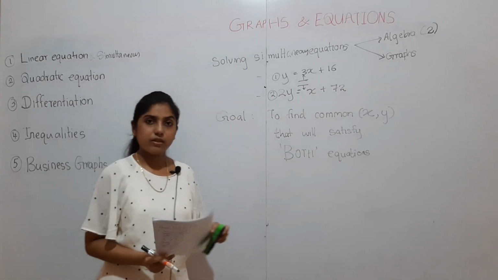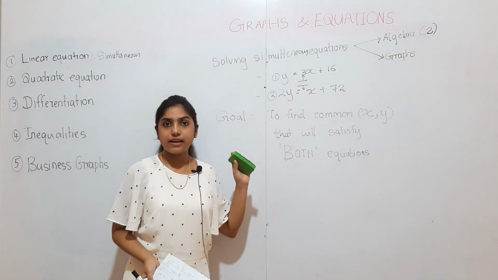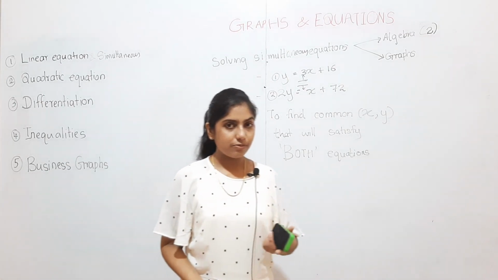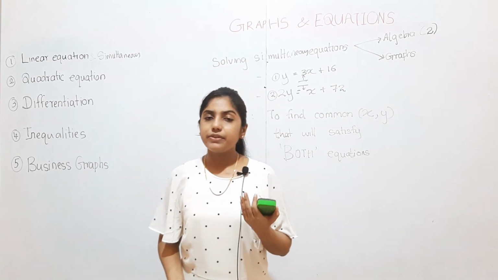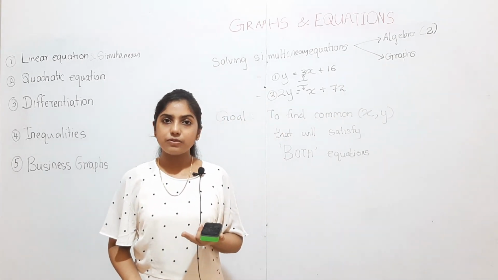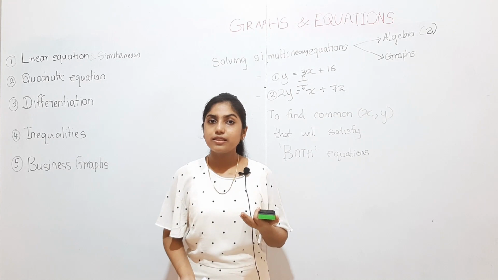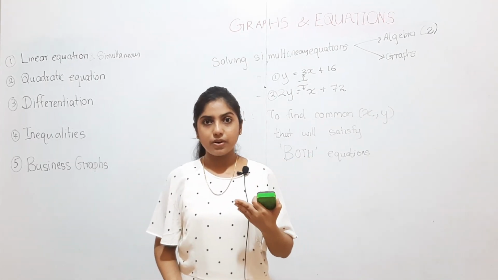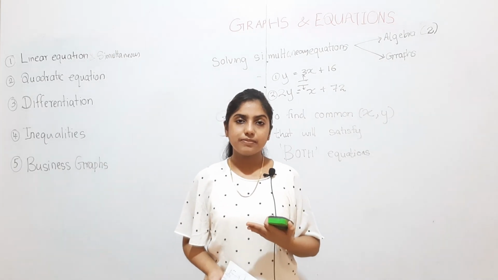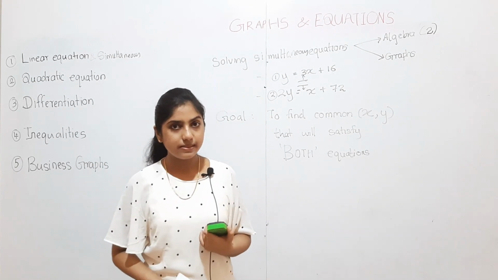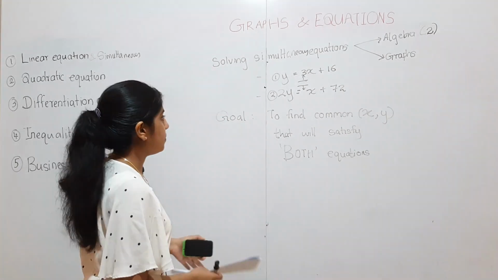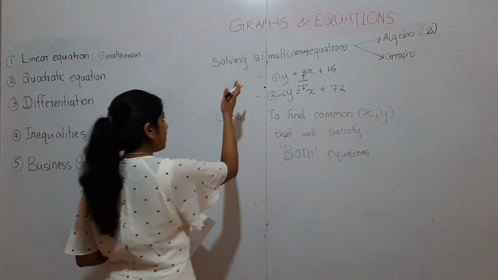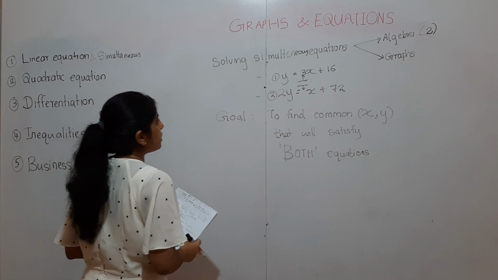Yes, we checked how to do it via the algebraic method. They will rarely ask through the graphical method. They will not ask you to draw the graph in the exam, but they might give a graph and ask you to spot the middle point or the intersection point, which I will tell you how it is done. So keep in mind the goal, why we are solving simultaneous equations.